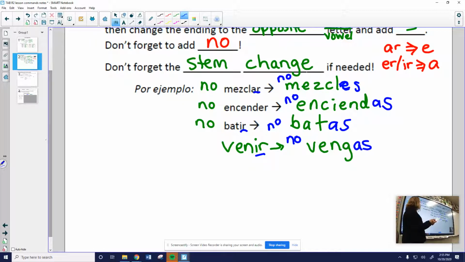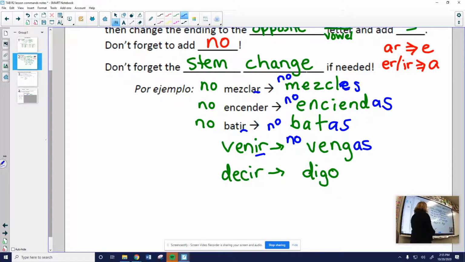Otro ejemplo es, vamos a ver, caramba. I'm trying to think of a good one. Decir. What's the yo form for decir? Digo. Exactamente.